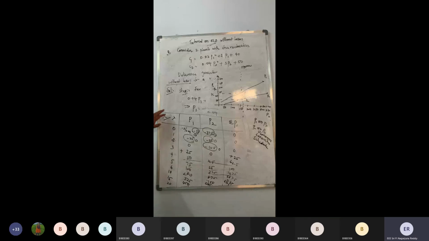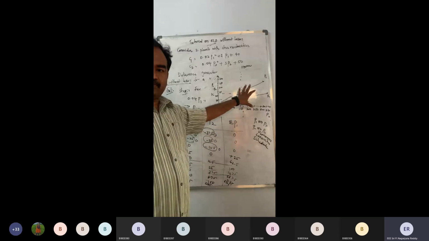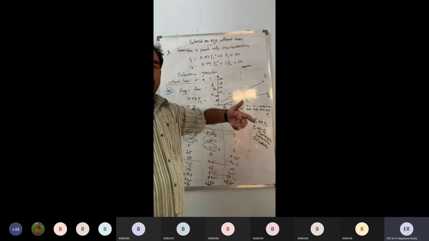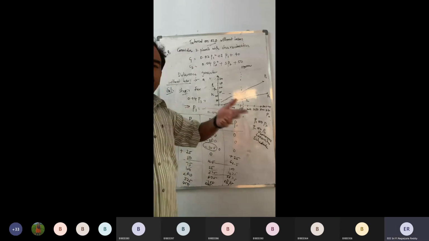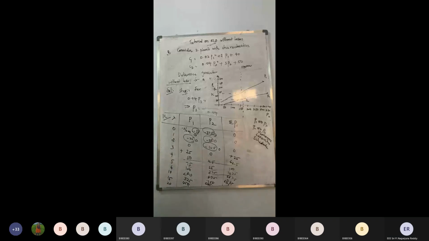Just pick a random value, find P1 and P2, compute the total generation, and then draw the graphs. From these graphs, we pick out the individual generation for a given demand. In the earlier case, we had a fixed demand. Now the demand is increasing, so we draw the graphs and then determine the individual generations. How many of you have understood? I'm ready to do another problem.